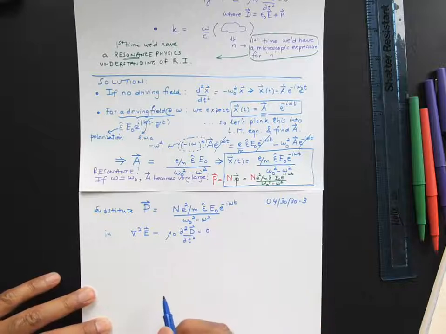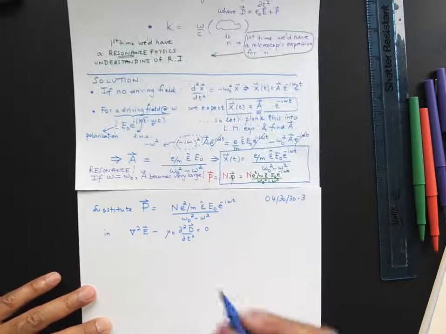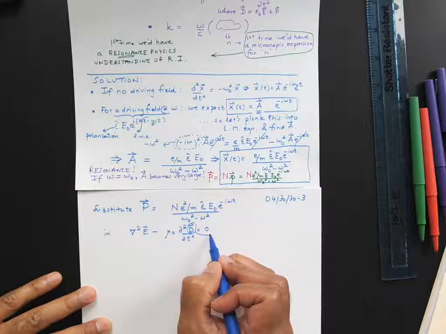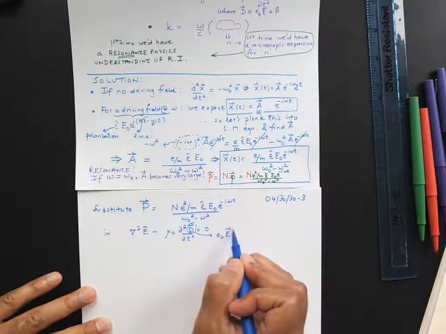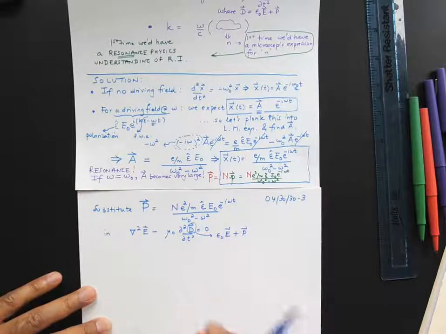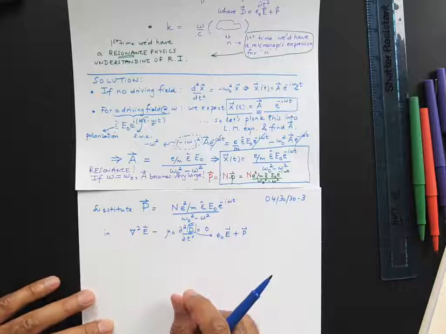And of course this D is epsilon naught E plus P.